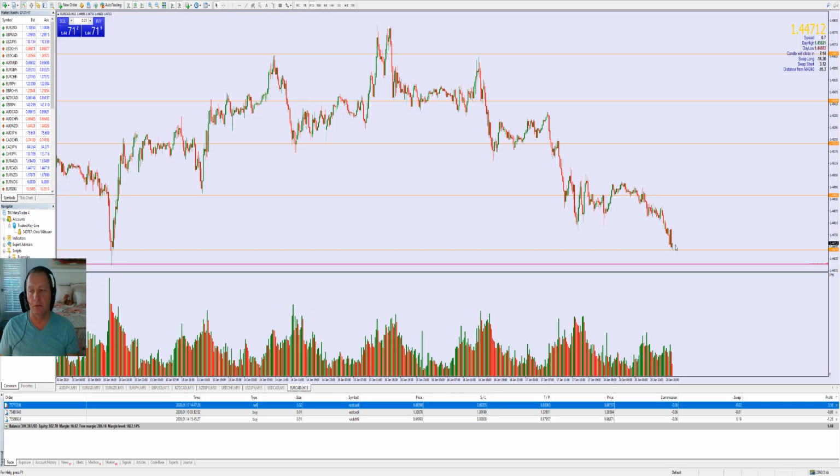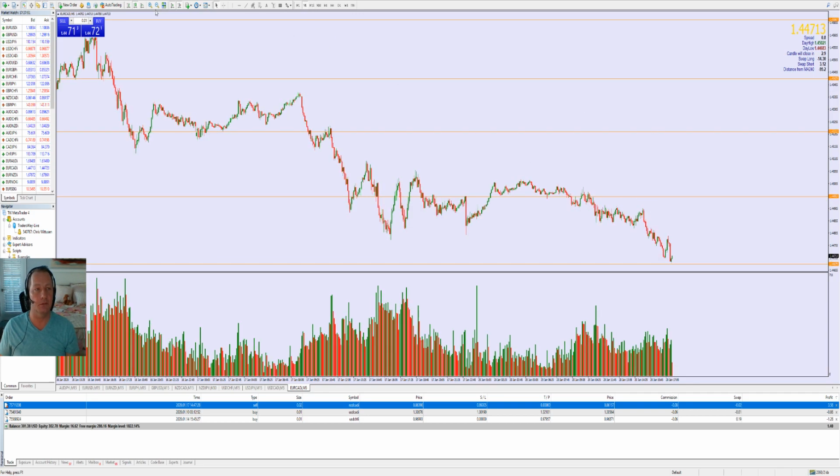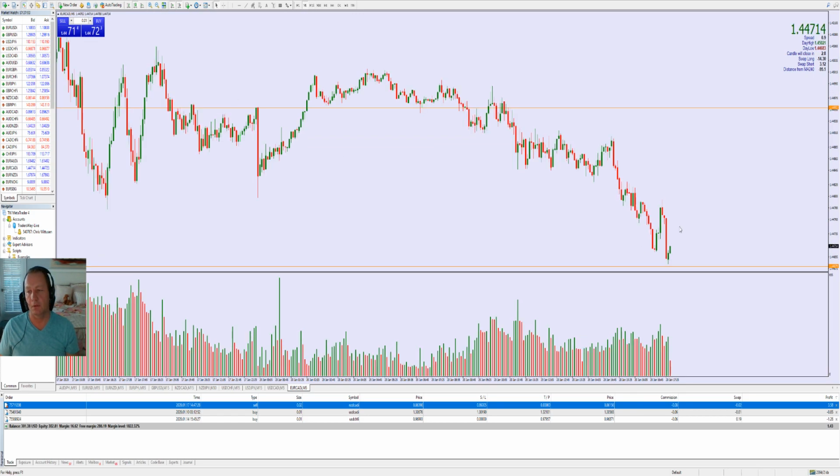EuroCAD, a bounce here. Take it down to 5 minutes. Zoom in. Big candle, less volume. This candle should have a massive volume, but it doesn't. The fact that this candle has this big of a volume is showing smart money and market movers starting to take positions for a bullish move.